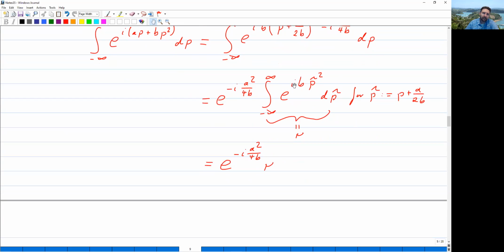Strictly speaking, mu is divergent, because this is a phase, its modulus is 1, and we integrate that from minus infinity to infinity. If we were lucky, we would have non-absolute convergence, but we are not. This thing is actually divergent. Mu is infinite.